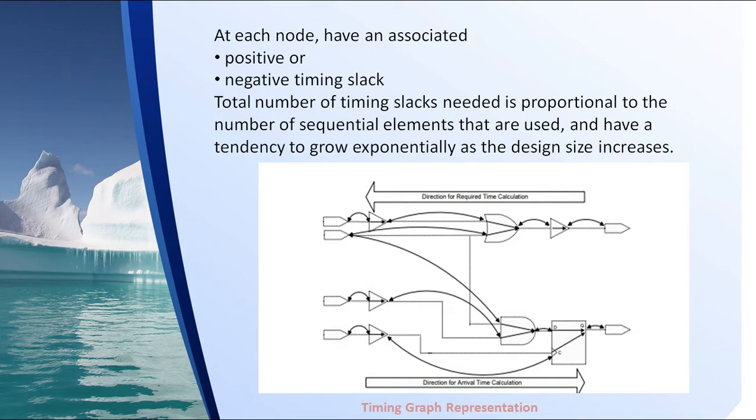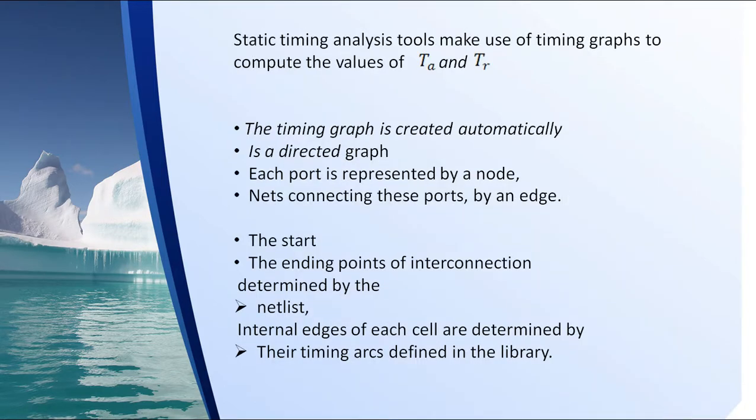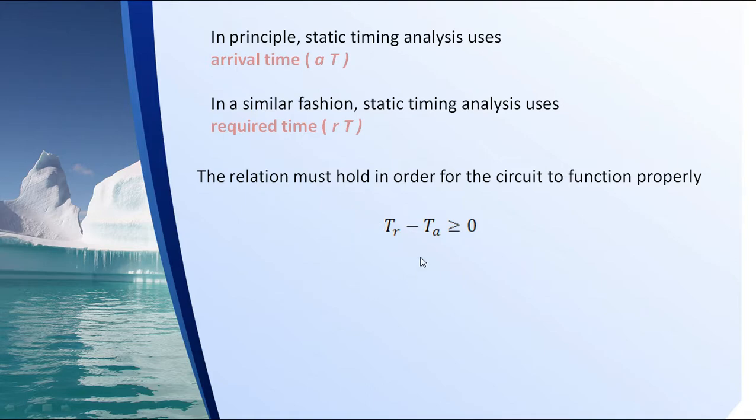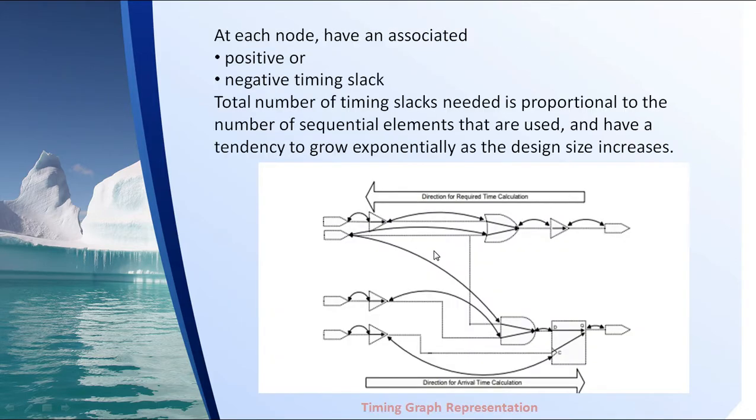So if TR is greater than TA, then it is positive; if it is less than, then it is less than 0, that means negative. The total number of timing slacks needed is proportional to the number of sequential elements used and tends to grow exponentially as the design size increases.